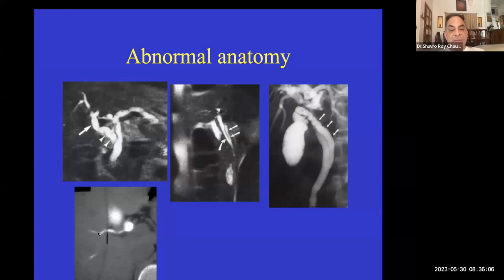And we wrote a case report of this. So this is the accessory segment 6 duct of Luschka, cholecystohepatic duct. This is a CT cholangiography, and this can be a rare cause of bile leak, and a cause of bile leak which is not identifiable easily is a duct of Luschka injury.